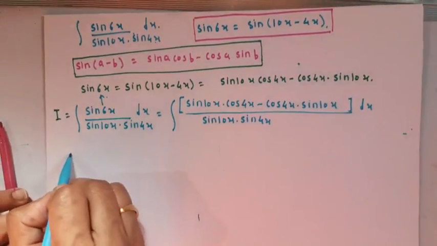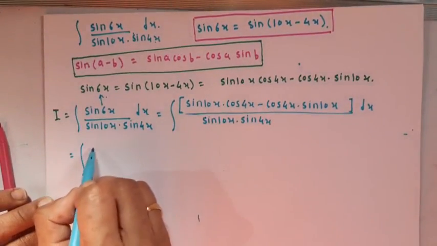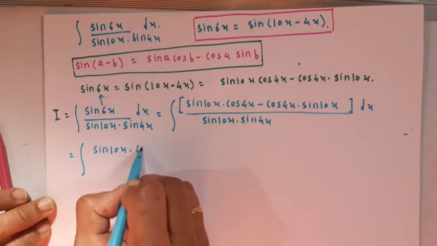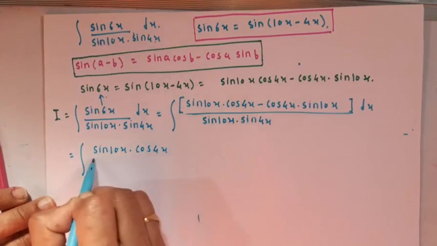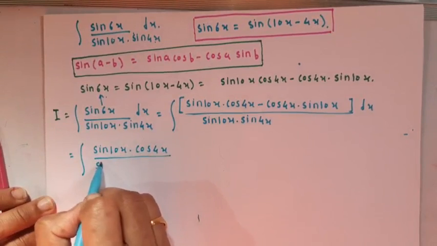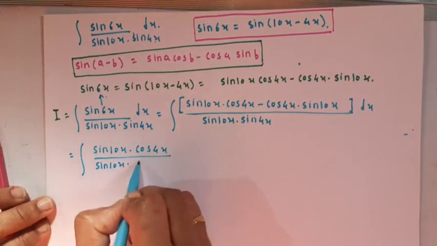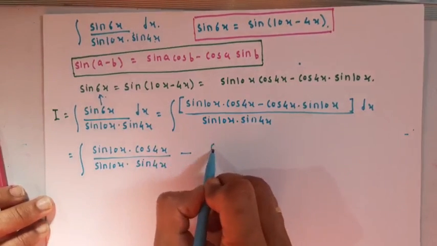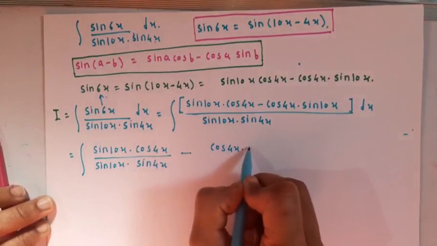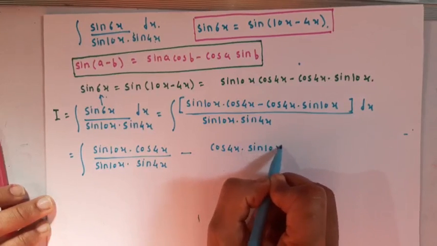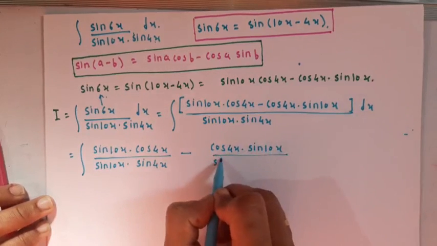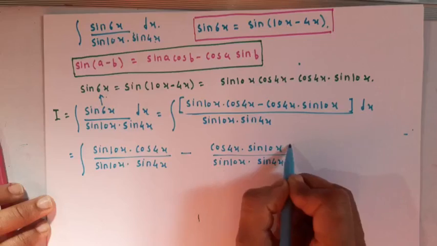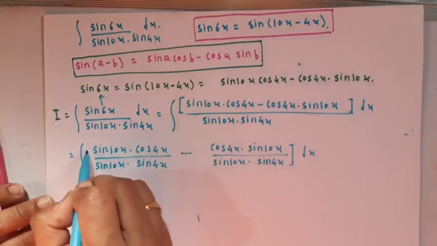Now separate the terms. We will get integration of sin of 10x into cos of 4x upon sin of 10x into sin of 4x, minus cos of 10x into sin of 4x upon sin of 10x into sin of 4x, whole with respect to x.